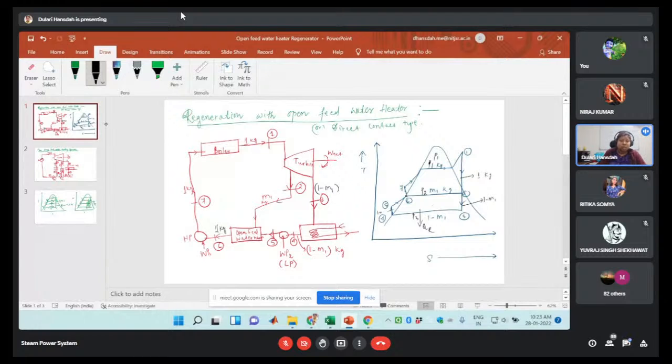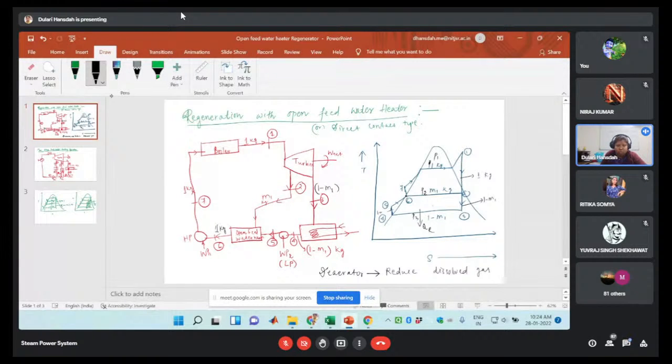Another thing is that this open feed water heater will work as a type of de-aerator. Once I told you the function of the de-aerator, if you remember: it reduces the dissolved gas, and there may be some other gases also present.